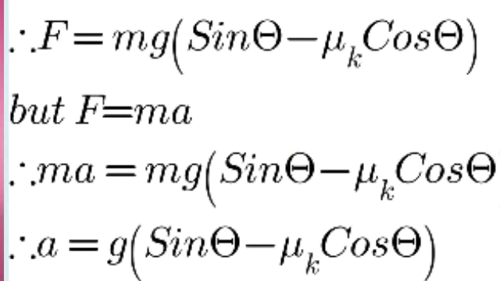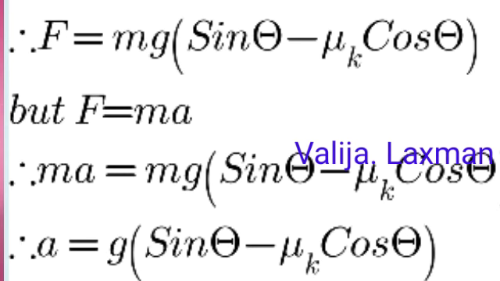In the next step, taking mg common, ma is equal to mg into (sin theta minus mu k cos theta). Then m cancels, so a is equal to g into (sin theta minus mu k cos theta). This is the formula when the body is sliding down on a rough inclined plane.